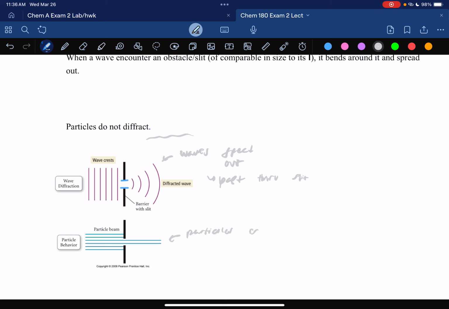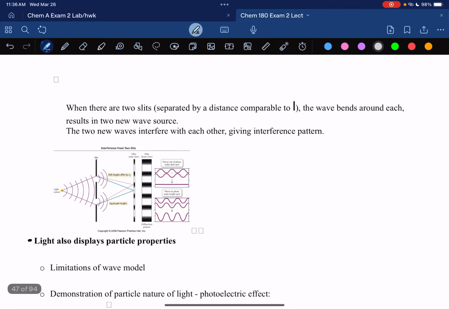Because a set of waves could spread out and start all over again after the slit, that will create something called a diffraction pattern. Meaning that if I have an obstacle with two different slits, the wave comes in, and it will diffract in here and also in here.